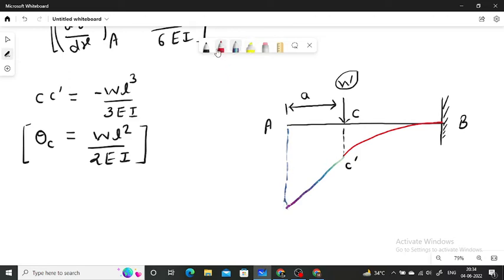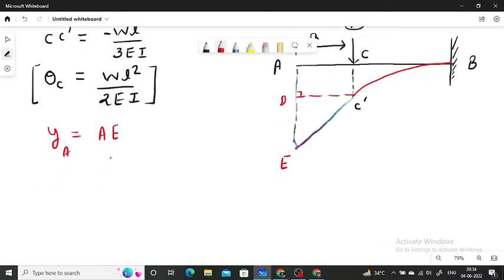Draw a perpendicular from the CC dash, the point D. AD will be equal to CC dash, and in this case the deflection at the point is equal to the distance AE, and the distance AE is equal to AD plus DE.